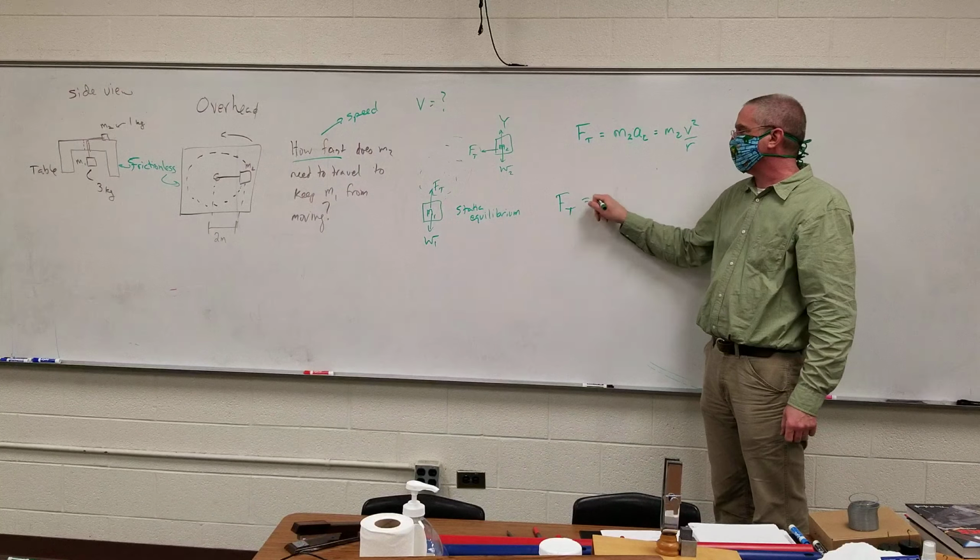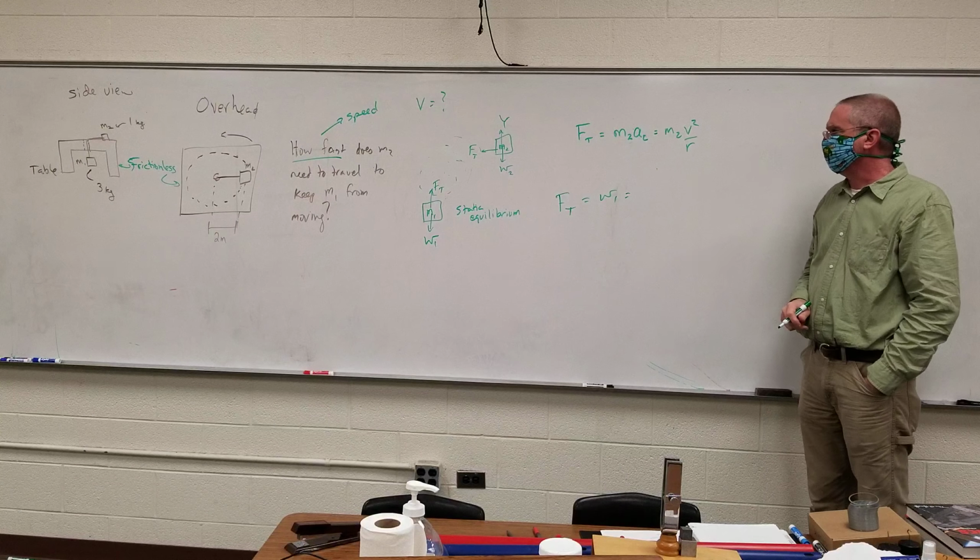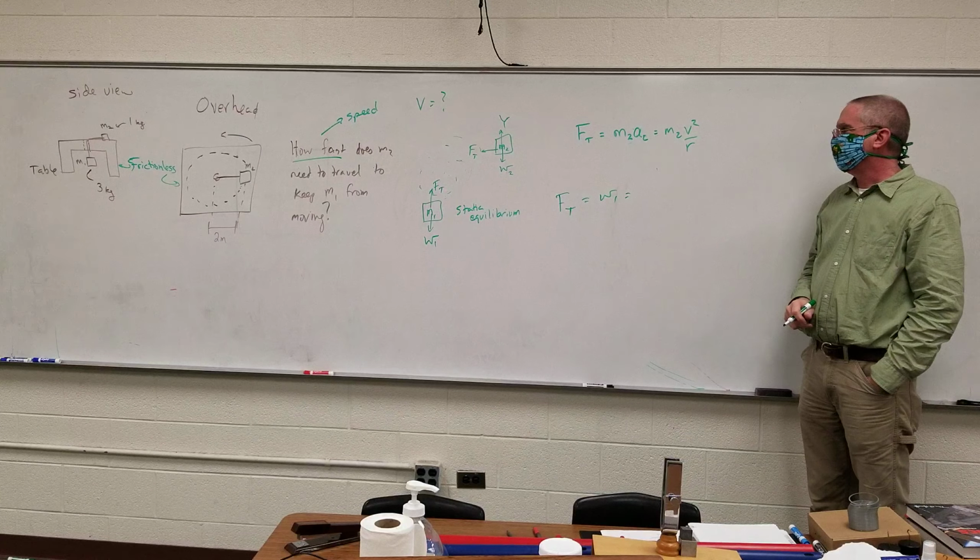No vector symbol over it, it's just magnitudes here. What's the formula for weight? mg. Had a little bit of unison going on there. Excellent. So since the tension is equal to mg, we can actually do the numbers.